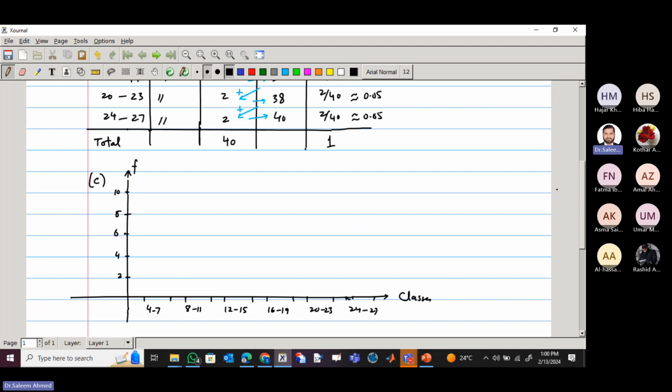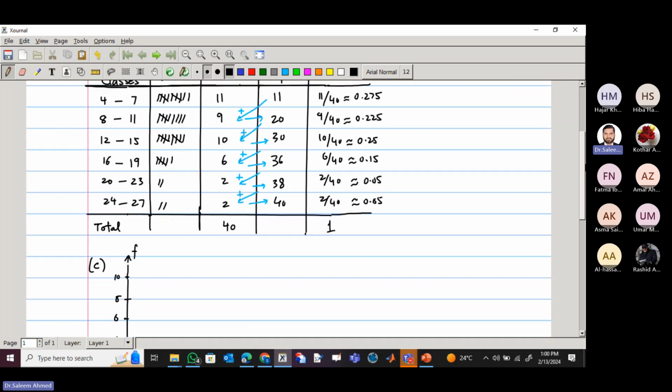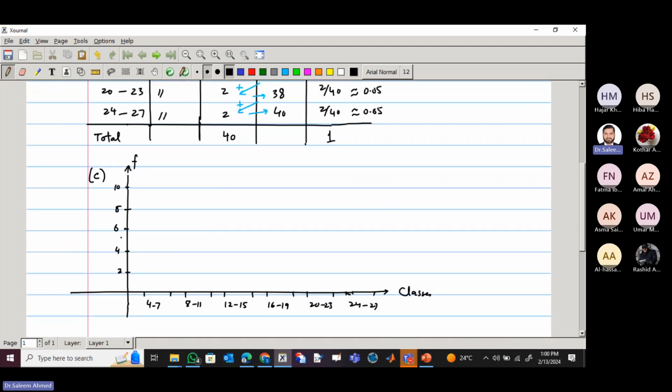Now the first class has the frequency 11, the highest one. 11, 9, 10, 6, 2, 2. So the first one is 11. 11 is here. So I can start from here, go up till 11, right?